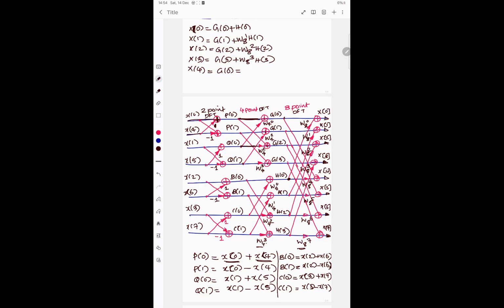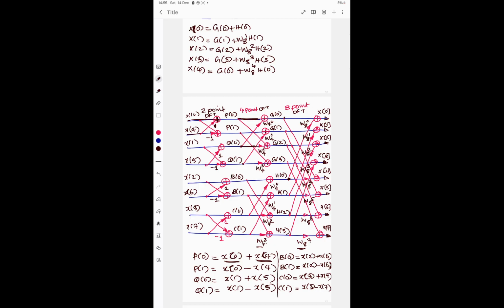So X0 is equal to G0 plus H0, X of 1 is equal to G1 plus W8 H1, X2 is equal to G2 plus W8 square H2, X of 3 is equal to G of 3 plus W8 cube H3. X of 4 is equal to, so remember in the case of X of 4, because we have H only up to H of 3, what's going to happen at the next level is basically rotation.